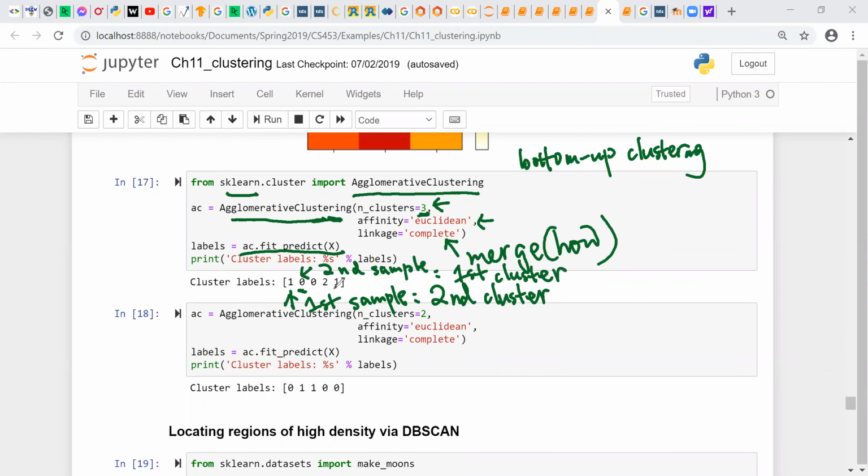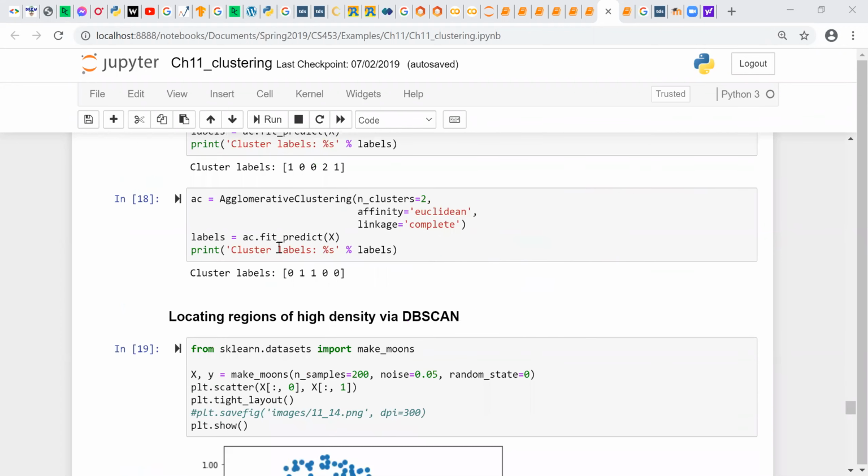And here is a third cluster. So you can clearly find the cluster labels for each sample. Over here it also shows you can choose just 2 clusters, and similarly you can specify the number of clusters.